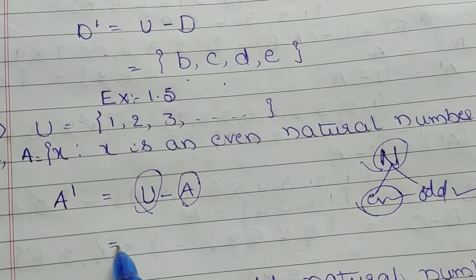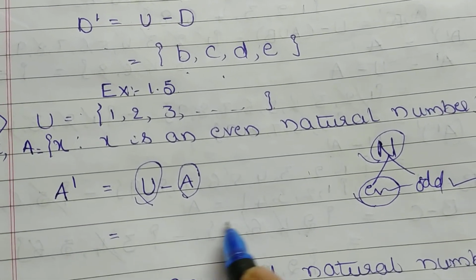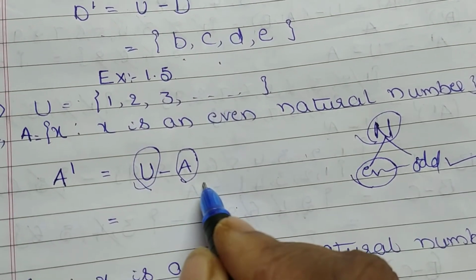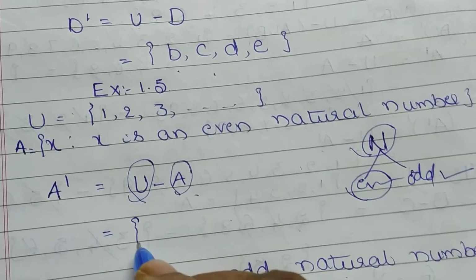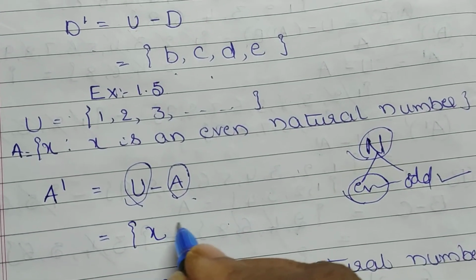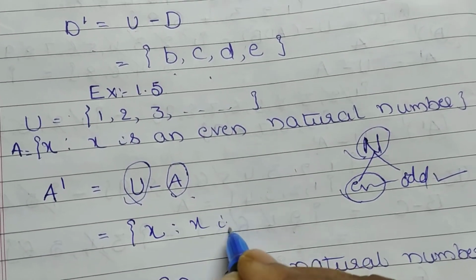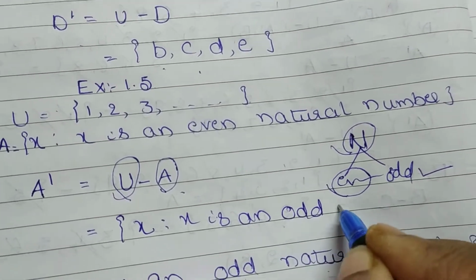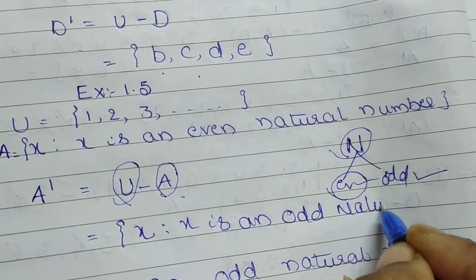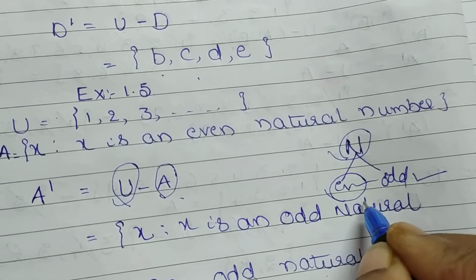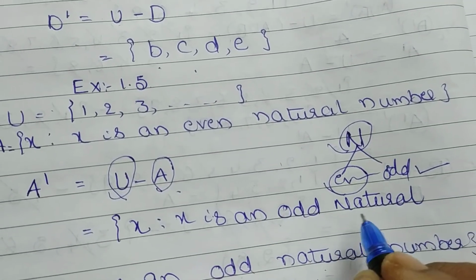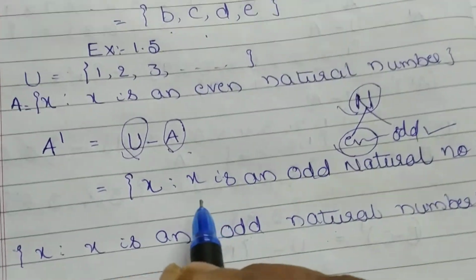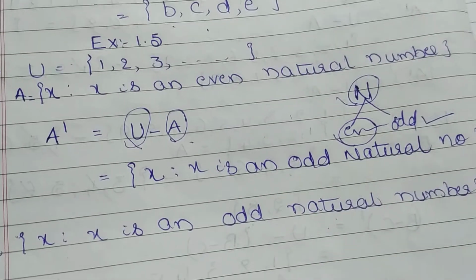So directly you can write it as, or otherwise 1, 2, 3, 4 like that. Just substitute whatever sets they had given, and afterwards you can write x such that x is an odd natural number. So A complement will be x such that x is an odd natural number.